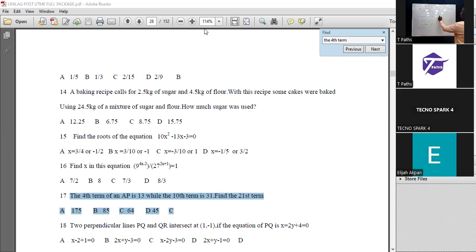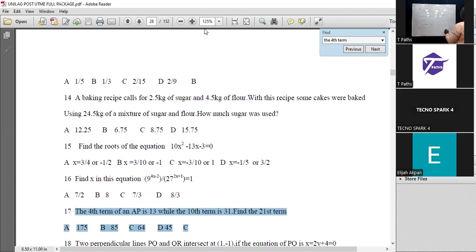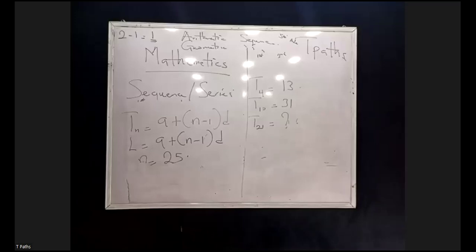T4 is 13. T10 is 31. Now you do that for T21. I love this question.